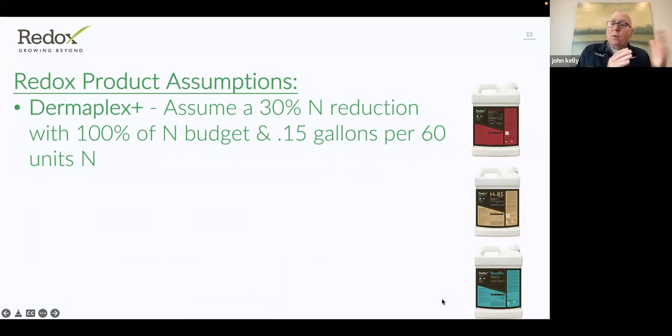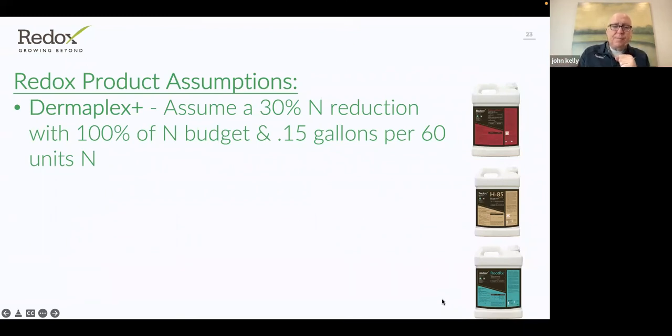If we're over applying nitrogen, our anticipation would be it could be even more efficient. But at 100% nitrogen budget, where you've done the budget, you know where you're at, you can assume a 30% reduction in N requirements, utilizing this product at 0.15 gallons for every 60 units of nitrogen.